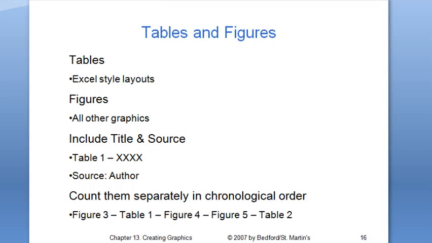I typically put that at the top, although some publications do it differently, and at the bottom I put the source. And then I count them out. So in this example, we've had figures 1, 2, and 3. And it turns out the next one is a table. So it's table 1, and then you go to figure 4 and 5, and then you go to table 2. It sounds a little confusing, but I wanted to show you this as an example so that you knew that these things are tracked differently.